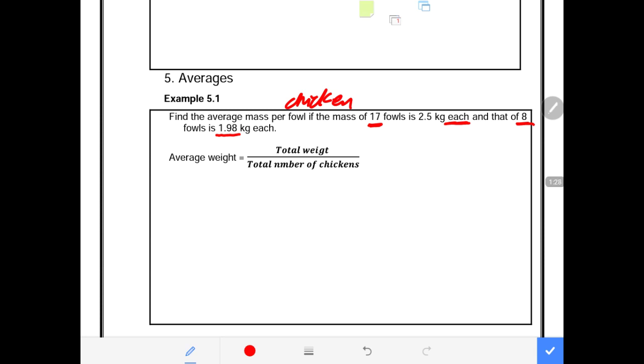Now we are required to calculate the average weight for each of the fowl, or for each of the chicken. The formula says total weight divided by total number of chickens, and we already know that we have 17 plus 8 chickens, which will be a total of 25 chickens. But we need to know the total weight.